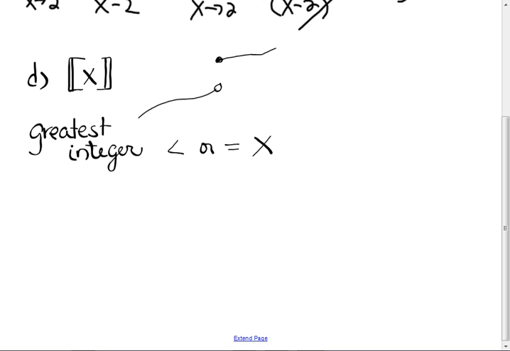I want the biggest integer, but what's an integer? It's a whole number. So no fractions, no decimals, but I could have negatives. Whole numbers and their opposites. The best definition I've ever found for an integer. So you're not going to have fractions.